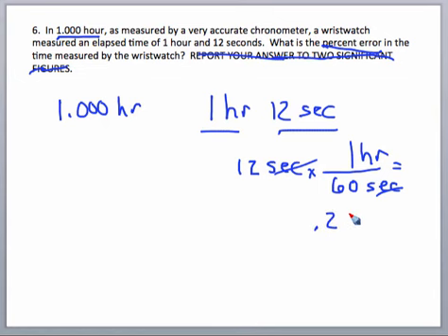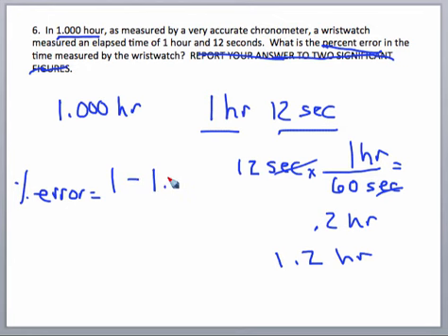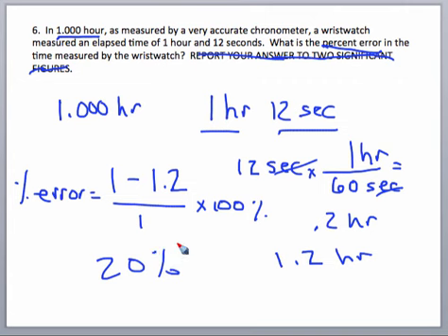Yeah, so that's 0.2 hours. So 1 hour 12 seconds is actually 1.2 hours. So then to solve for percent error, we're going to have our theoretical value minus our measured value over our theoretical value times 100, and that is going to give us a 20% error.